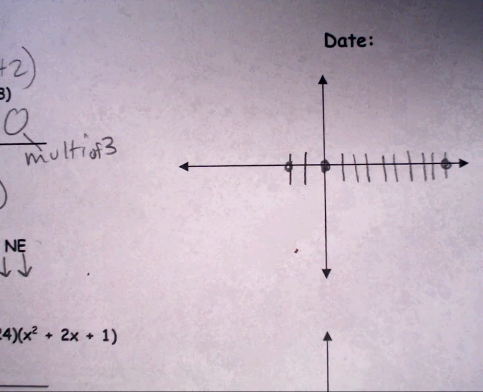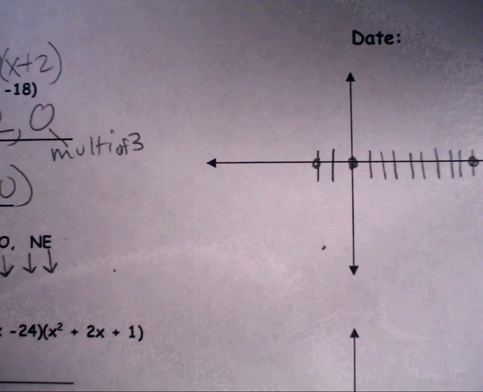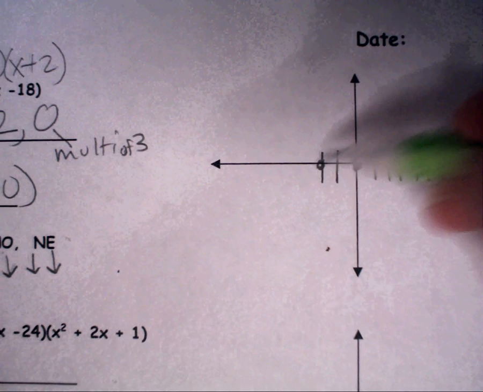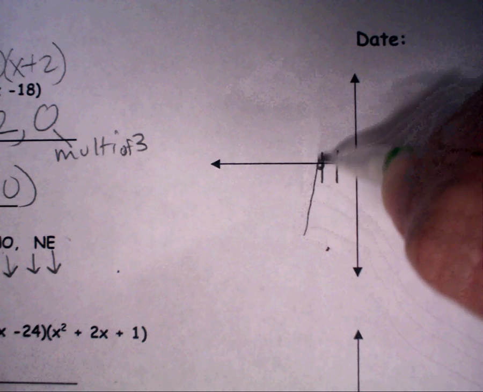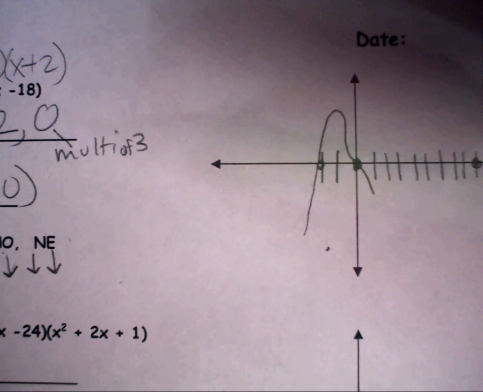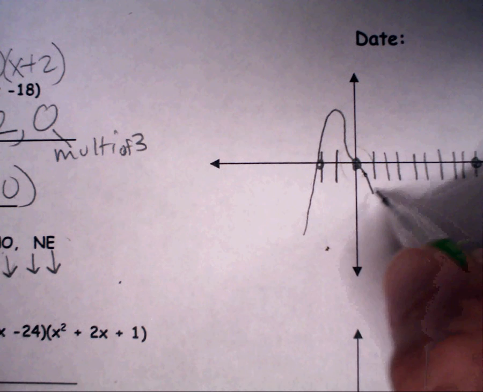And so with a PO, I need to start low and end high. And so at 0, I'm going to change direction through 0. So when I come back down, I need to change direction. See? At 0, so I kind of have like a little wiggle in the graph, okay?